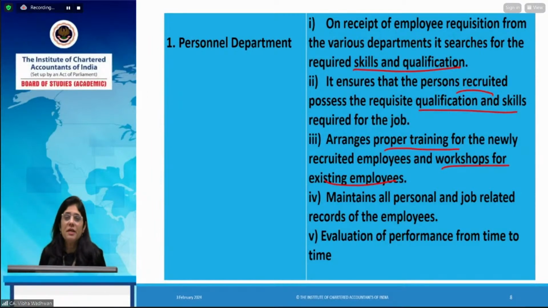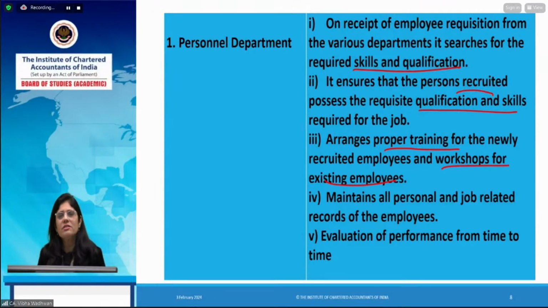Even an experienced person who joins a new organization needs training, because every organization uses a different system, the processes are different, the method of production is different. We also need to give workshops to existing employees. For existing employees also, we need to update them with the new system, so we have to give them proper workshops so that they understand the new system also.